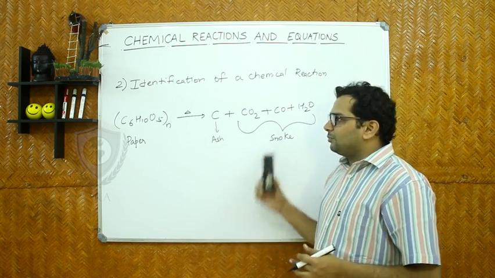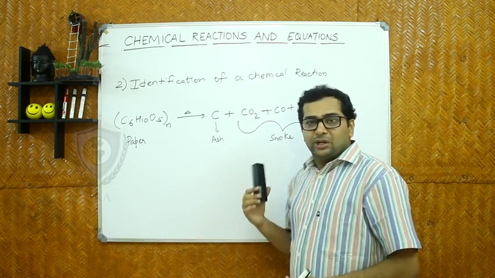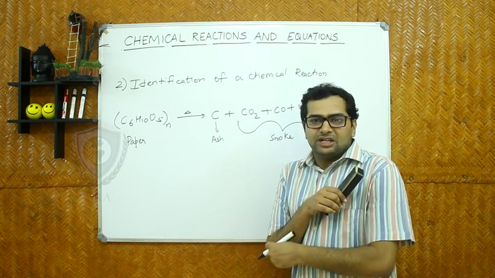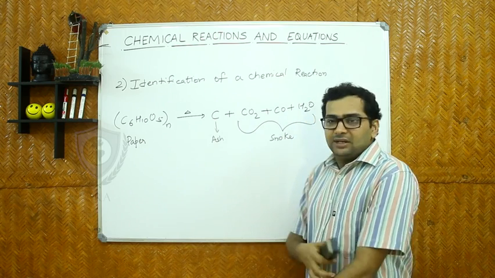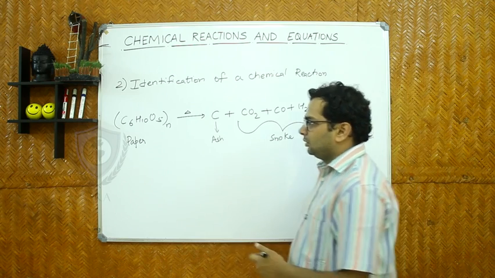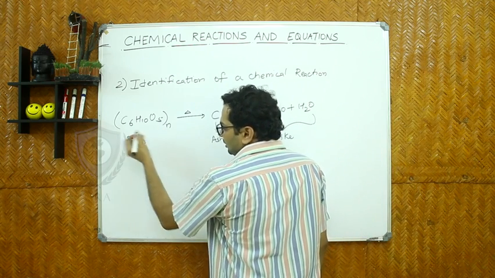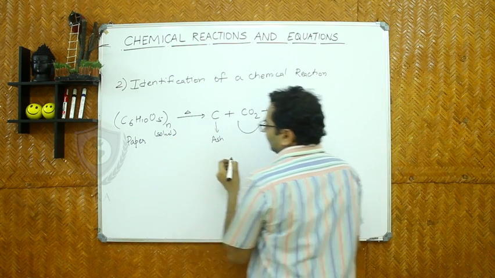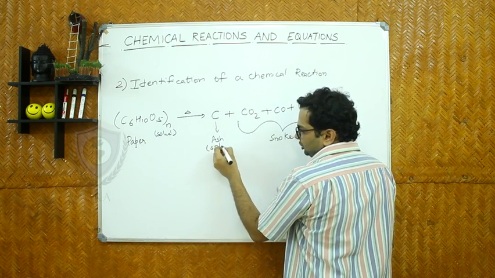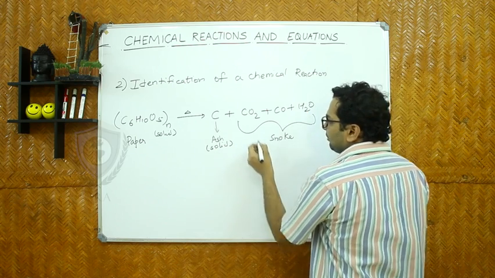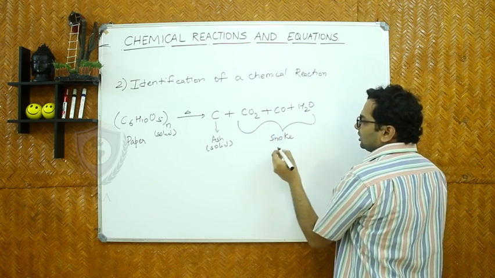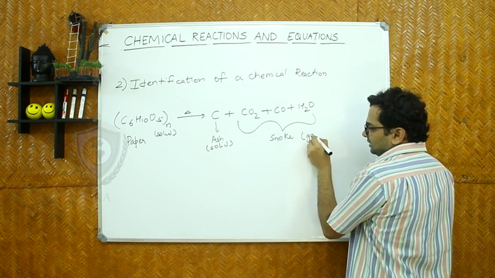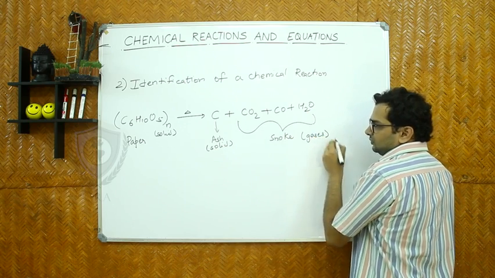So this is a chemical reaction. Now in this particular chemical reaction, let's look at how we identify a chemical reaction. Paper or cellulose is in a solid state. The ash is again in a solid state. The carbon dioxide, carbon monoxide, and water are all in gaseous form, right?